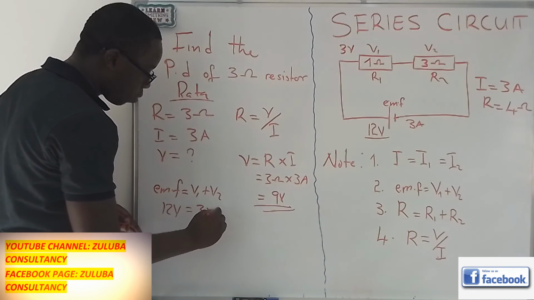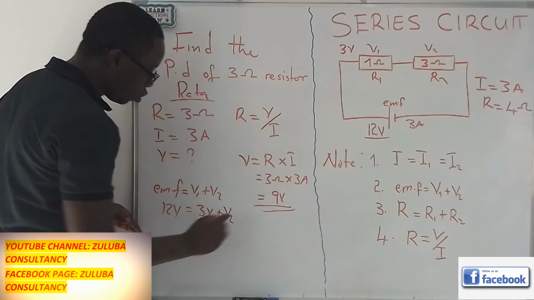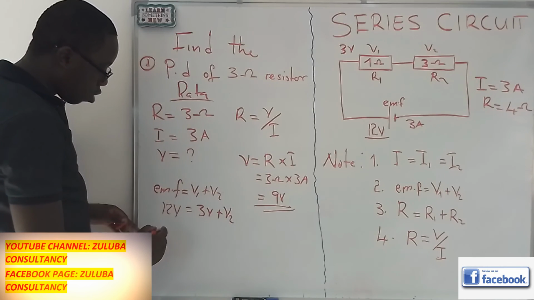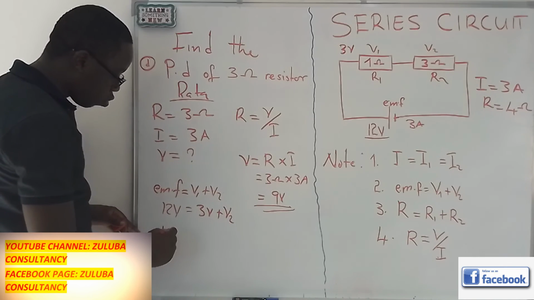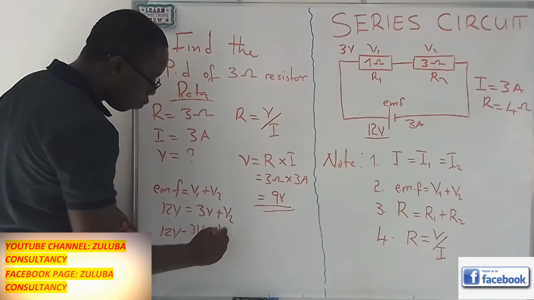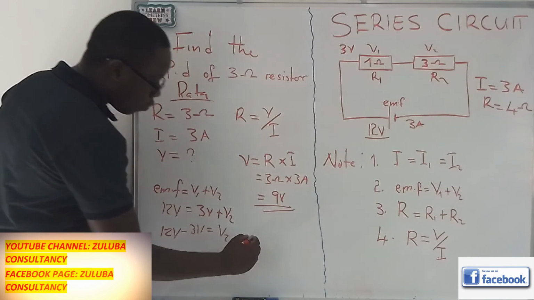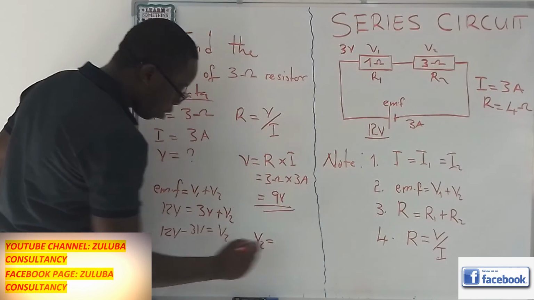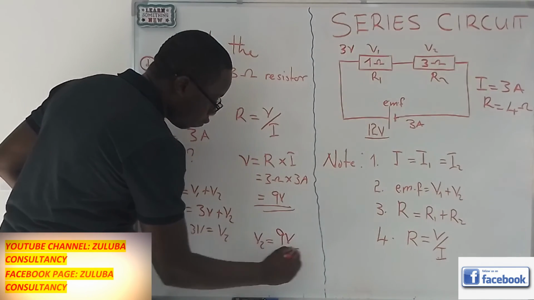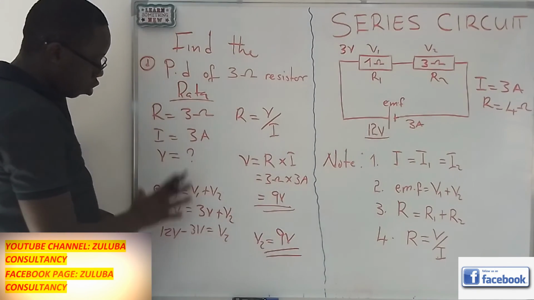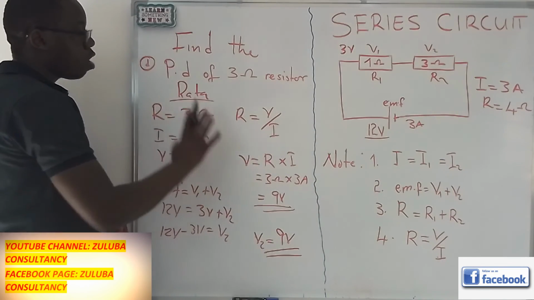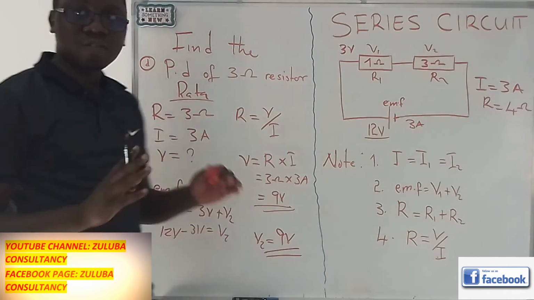V1 is 3 volts plus V2. So when 3 crosses the equal sign, it becomes negative, we will say 12 volts minus 3 volts is equal to V2. So V2 will be 12 minus 3, which is 9 volts. So again, using the second equation and using Ohm's law gives us the same answer.